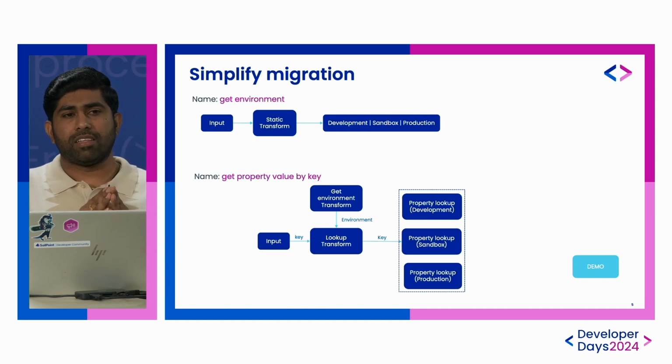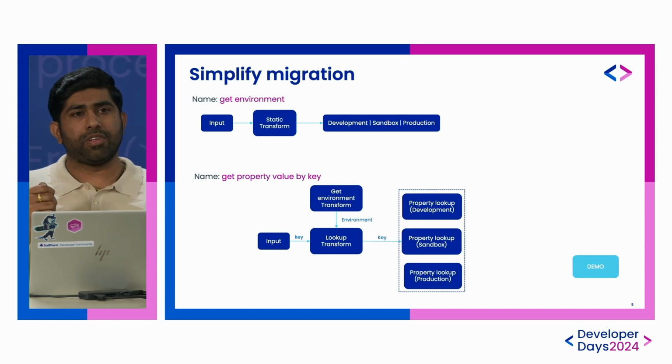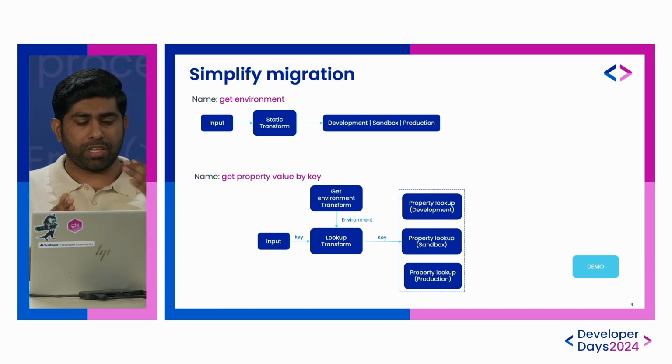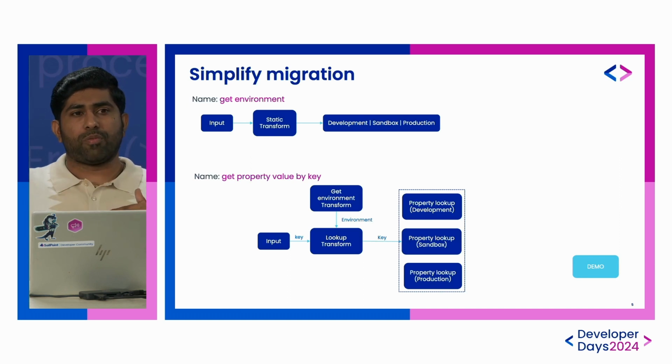Based on that, the lookup transform will point to the right lookup for checking the value. So when you pass a key to this get property value by key transform, it will return the exact value needed for your transform. This way, you are not hard coding within your current transform, but transferring the hard-coded value into a centralized property transform.